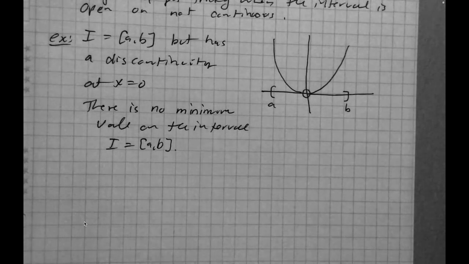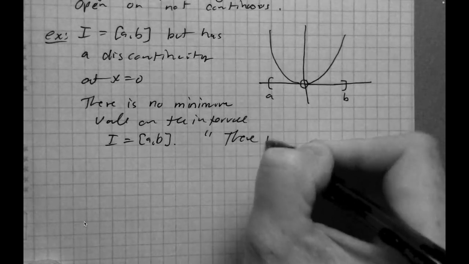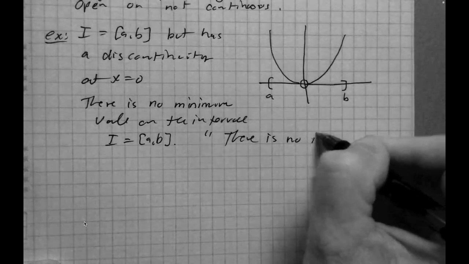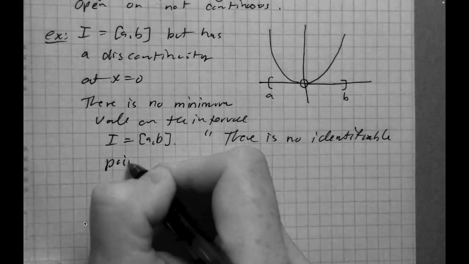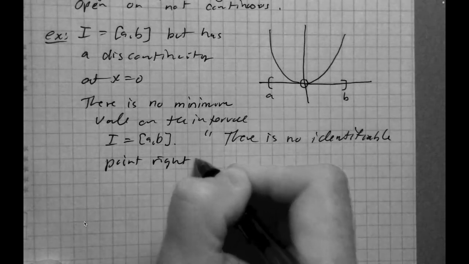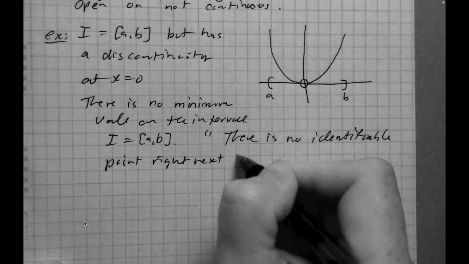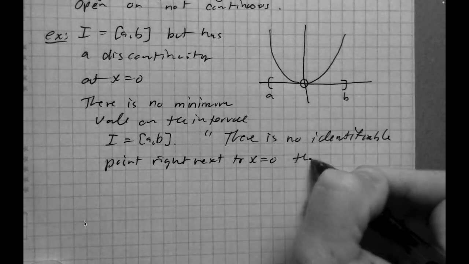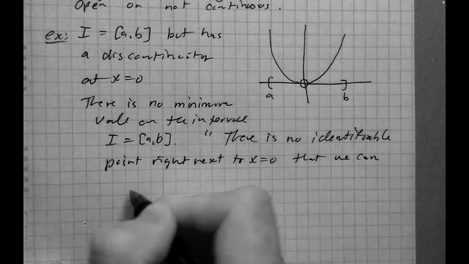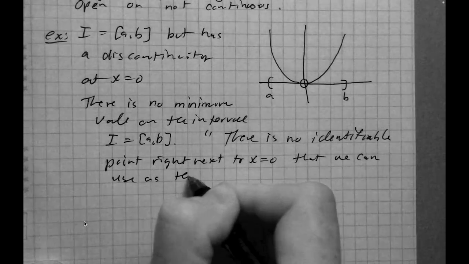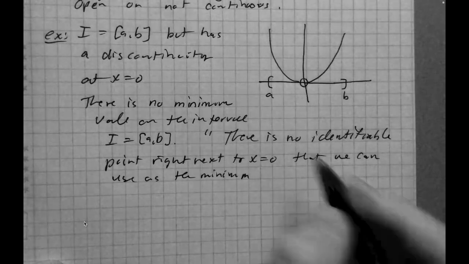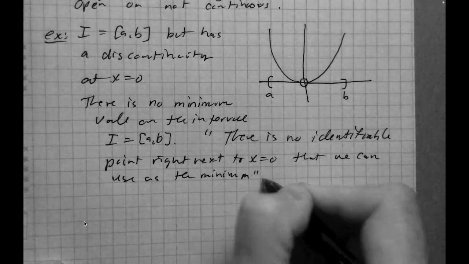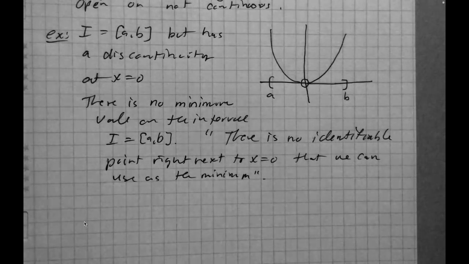But what I'll say here, and I'll just put this in quotes, is there is no identifiable point right next to x equals 0 that we can use as the minimum. There are certainly no shortage of points next to x equals 0, but to find the smallest one is the problem.